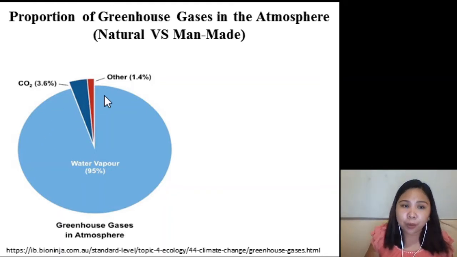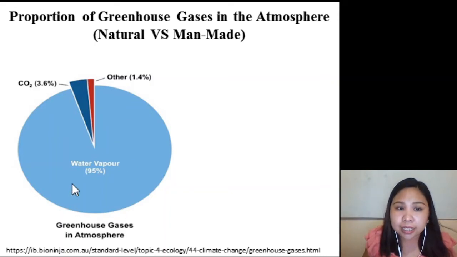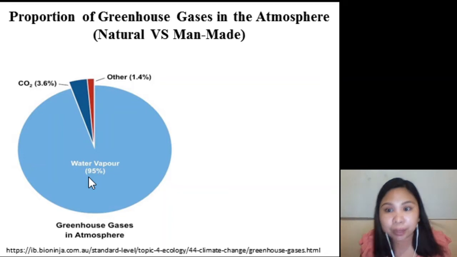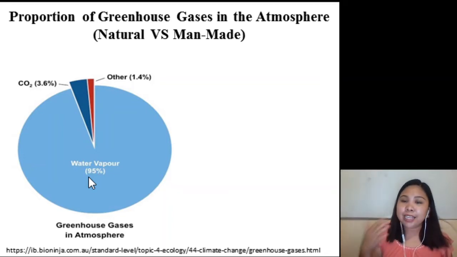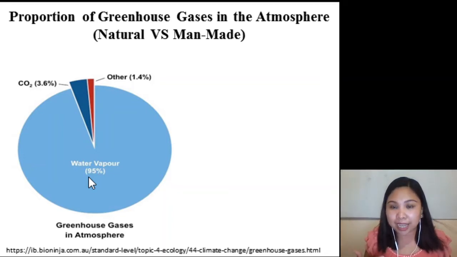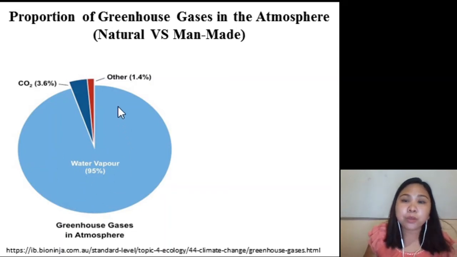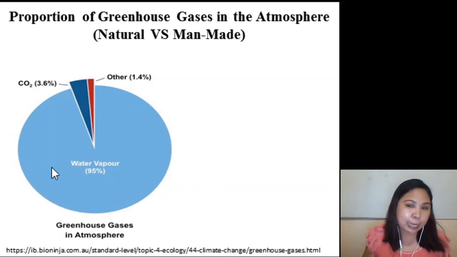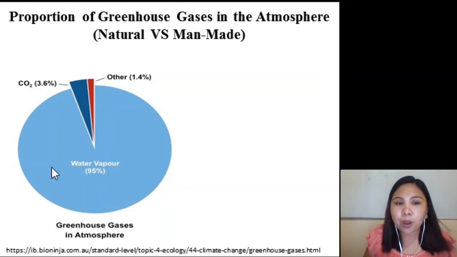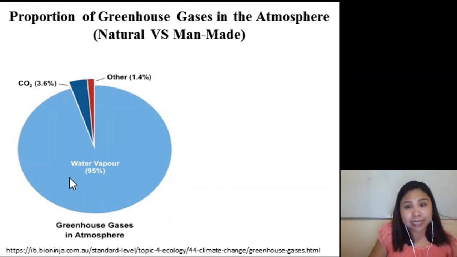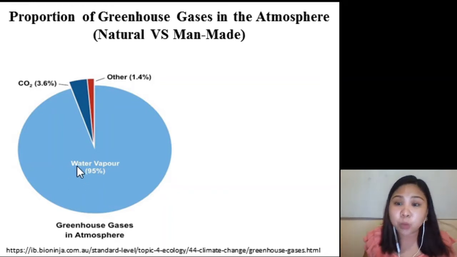So, dapat daw, greenhouse gases must be composed of 95% water vapor. Kasi nga naman, 'di ba? Every single second nagkakaroon ng water cycle. So, probably most of the composition of the greenhouse gases that composes the atmosphere is water vapor.